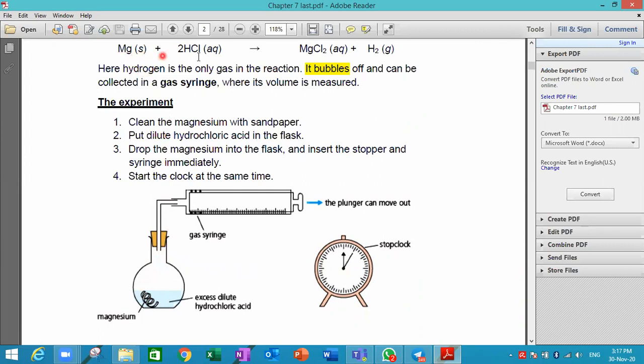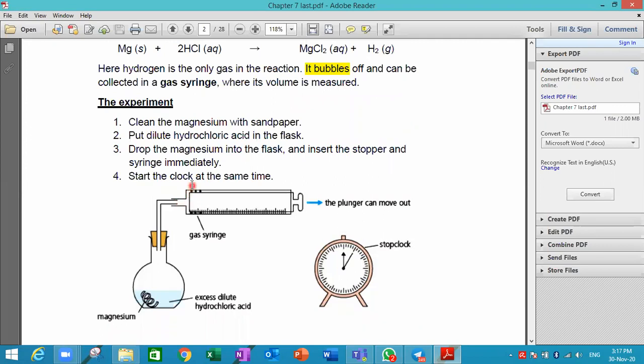When magnesium reacts with HCl, it forms magnesium chloride and produces hydrogen gas. This hydrogen gas evolves here in the tube and goes straight to the gas syringe.